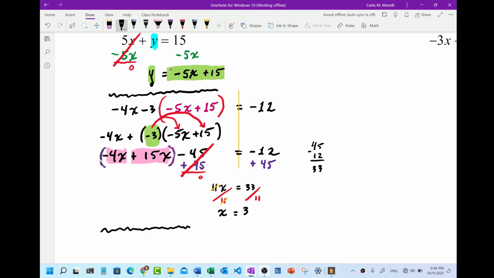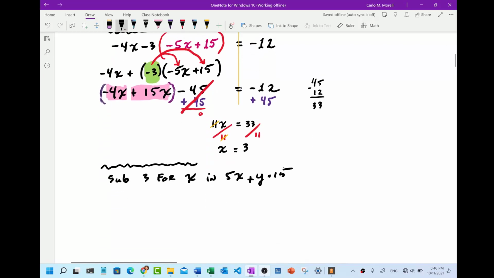Okay. Now what we're going to do is sub 3 for x in 5x plus y equals 15. So that's what I'm going to do.